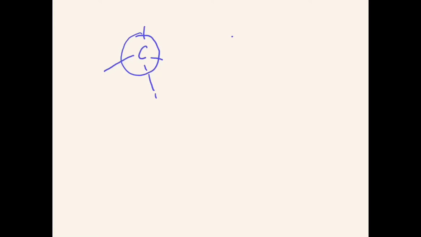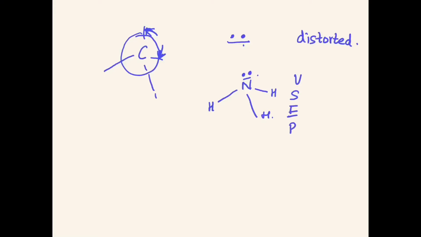But come in the lone pairs of electrons, they start pushing and nudging the other atoms. Oh, come on, you're the bond pair, move out from here, make space for us. We are the boss around. So they start bossing around, with the result that the shape becomes distorted. Now, to what extent the shape gets distorted is what we have to study. How many lone pairs will have what kind of effect is clearly stated according to the VSEPR theory.